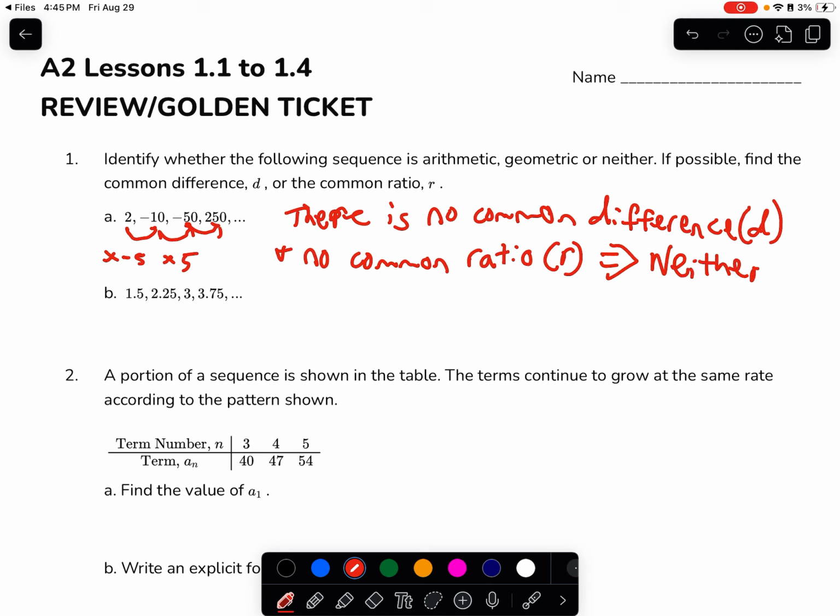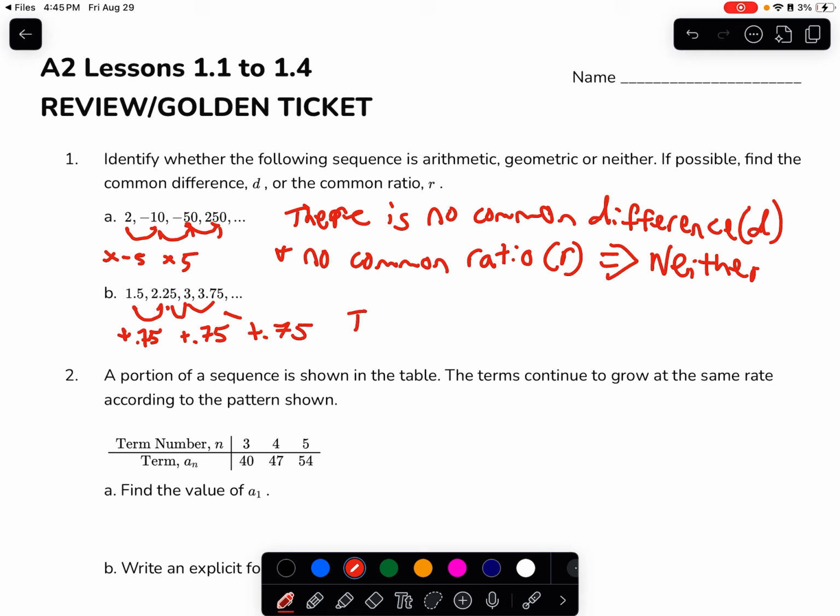Okay, 1.5 to 2.25, you're adding 0.75. You go from 2.25 to 3, you're adding 0.75. To go from 3 to 3.75, you're also adding 0.75.